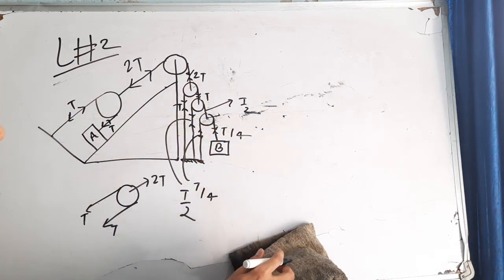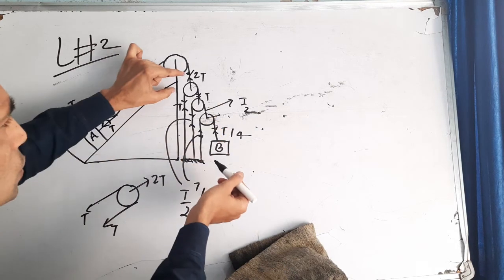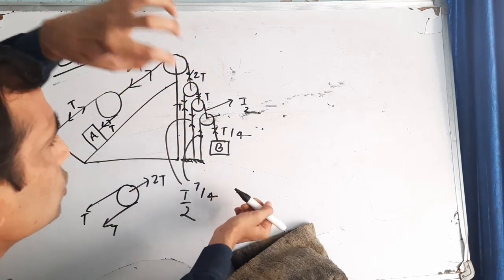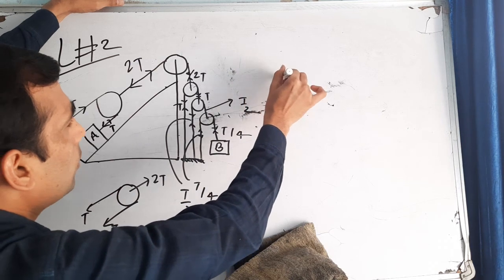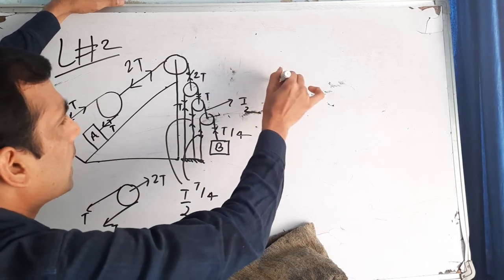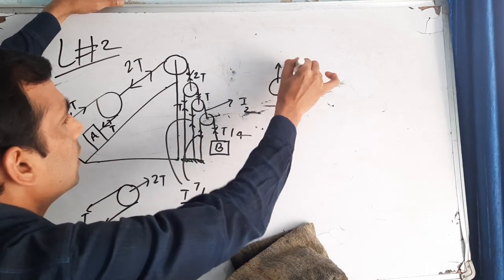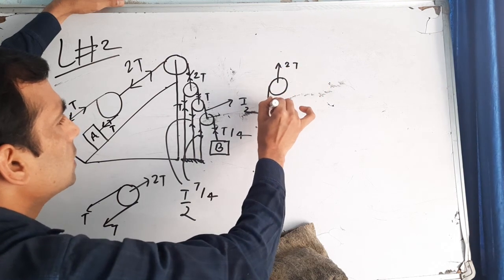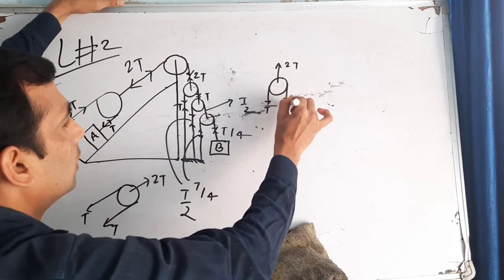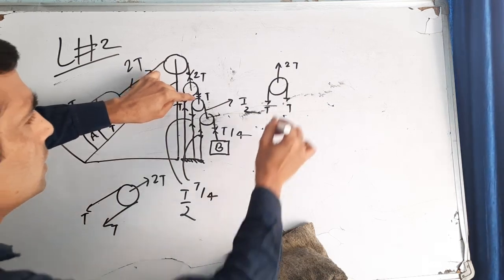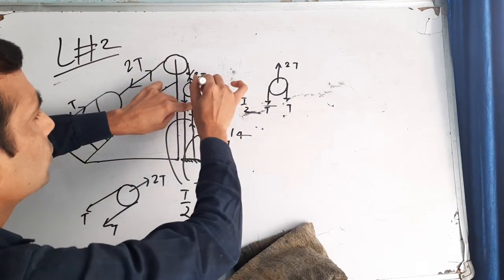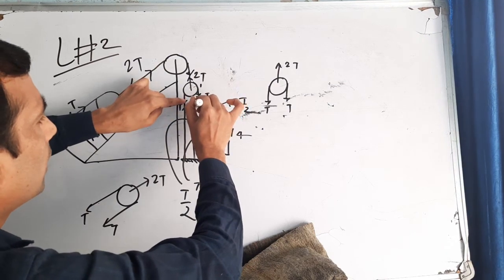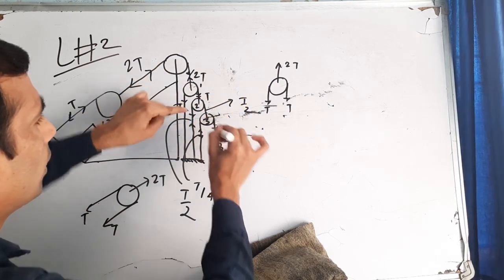If you have a doubt, you can take it individually. This is 2T, this is the block where 2T is acting, so you can say this is T, this is T. This is the string, this is connected through this. I'm going to label the pulleys number 1, 2, and this is 3, for better understanding.